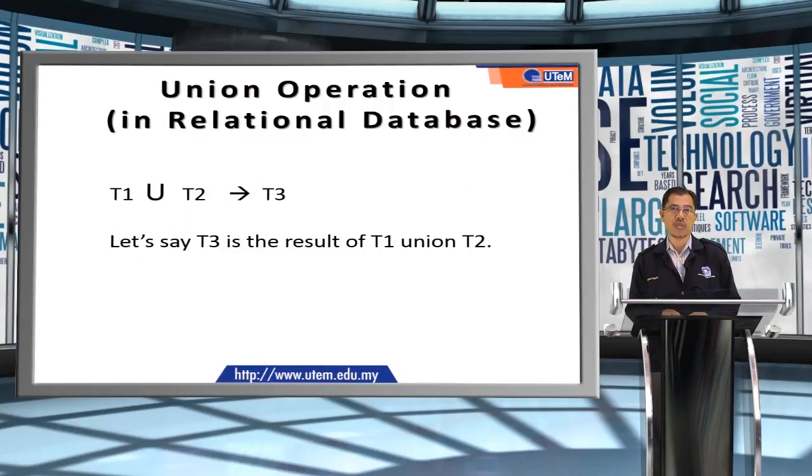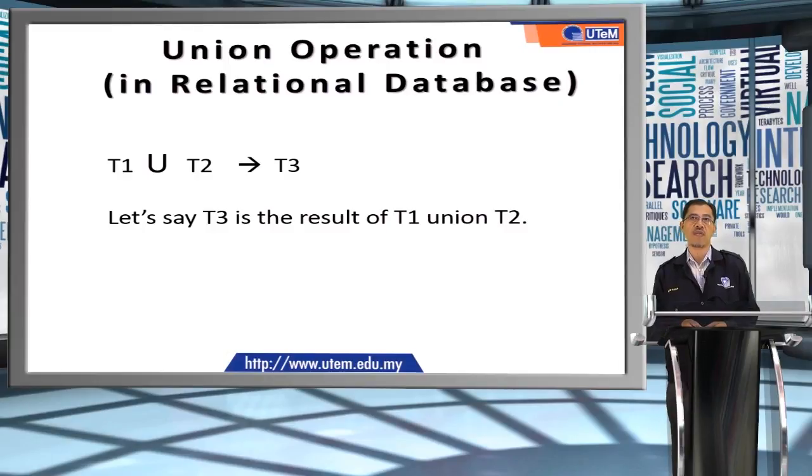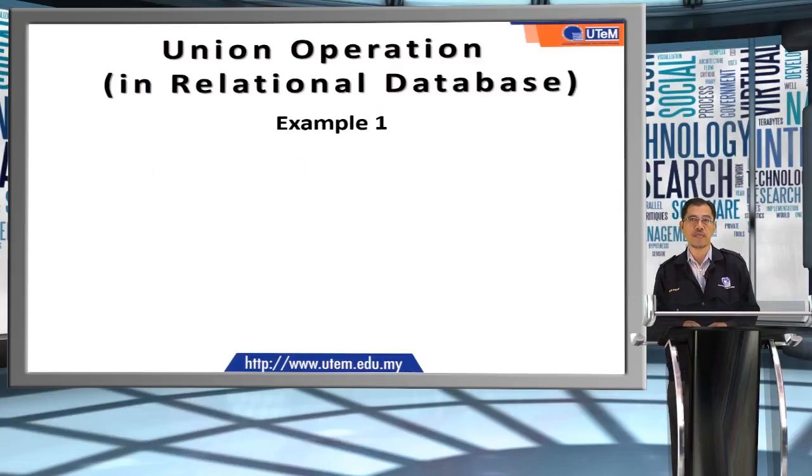Let's say table T3 is the result of table T1 union table T2. This means table T3 contains a copy of all rows from T1 and a copy of all rows from T2, but excludes duplicate rows. Let's look at the example 1 in next slide.